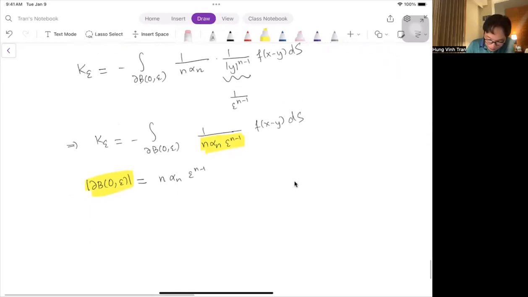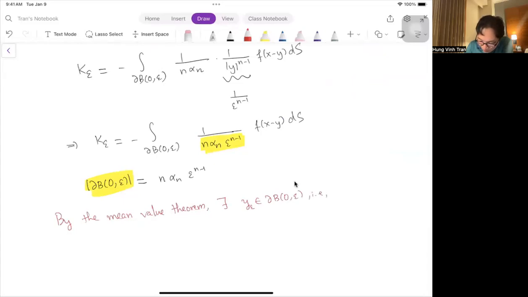So by the mean value theorem, there exists some y epsilon in this sphere of radius epsilon, that is, the length of y epsilon is just epsilon, so that K epsilon is equal to minus f of x minus y epsilon, right?